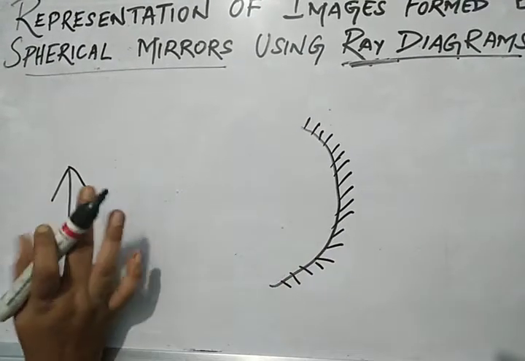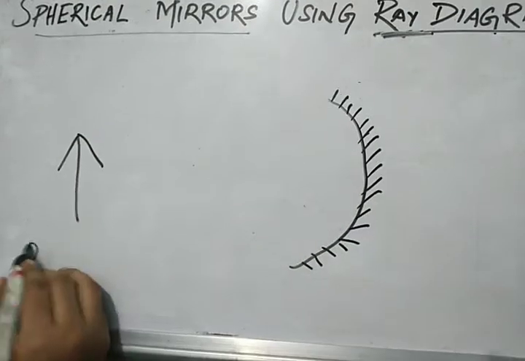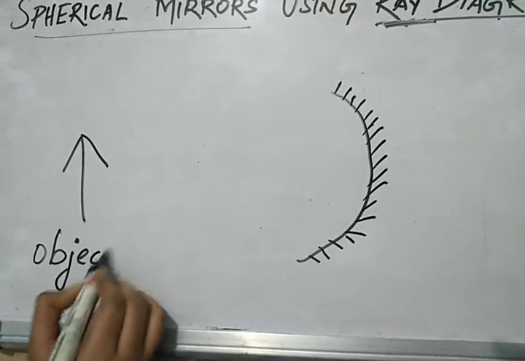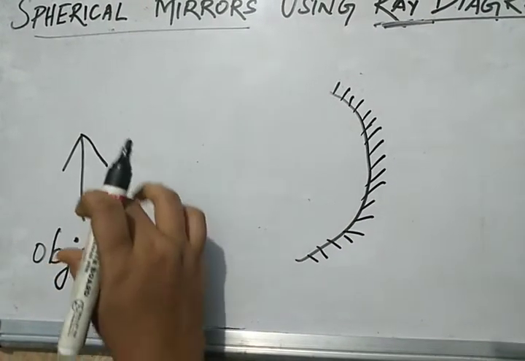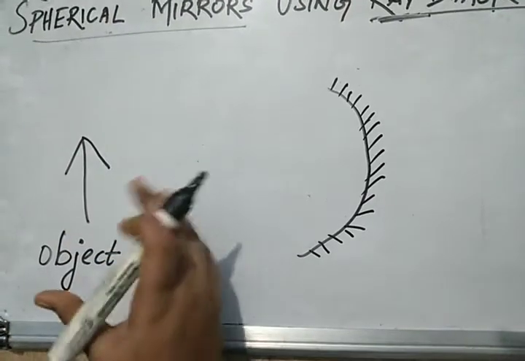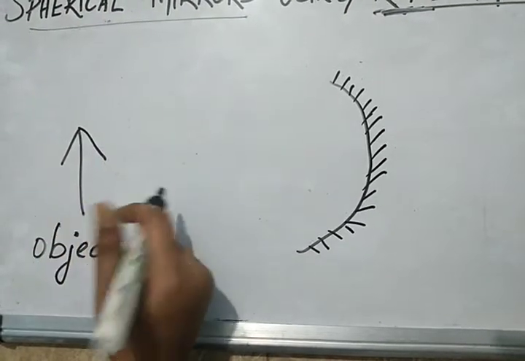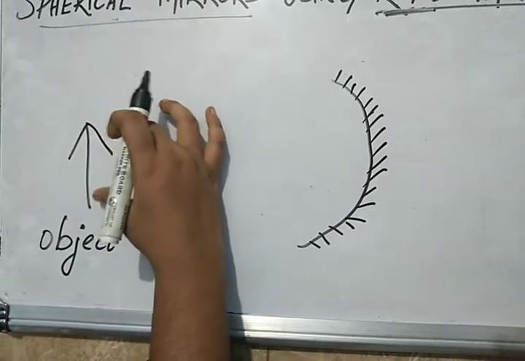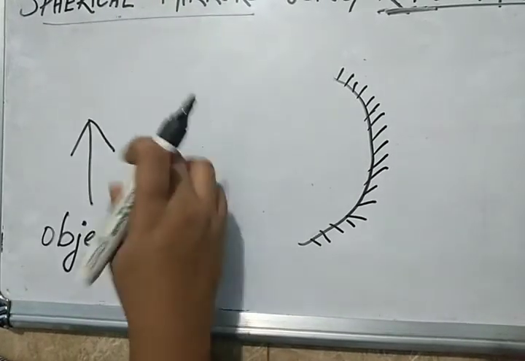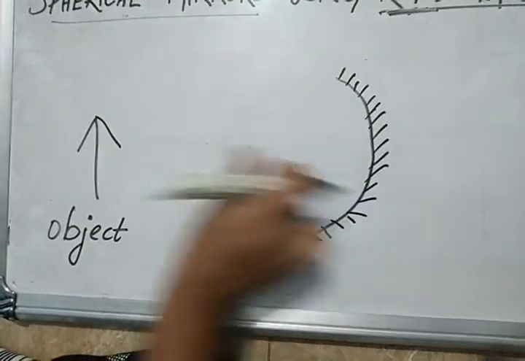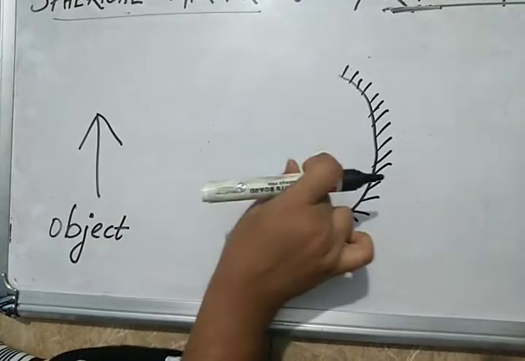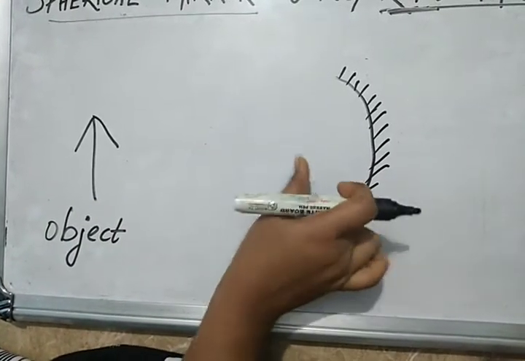Alright, this is my extended object. This is the object and it is of finite size. It has its own shape and its own size. It is placed in front of the spherical mirror, the concave mirror.